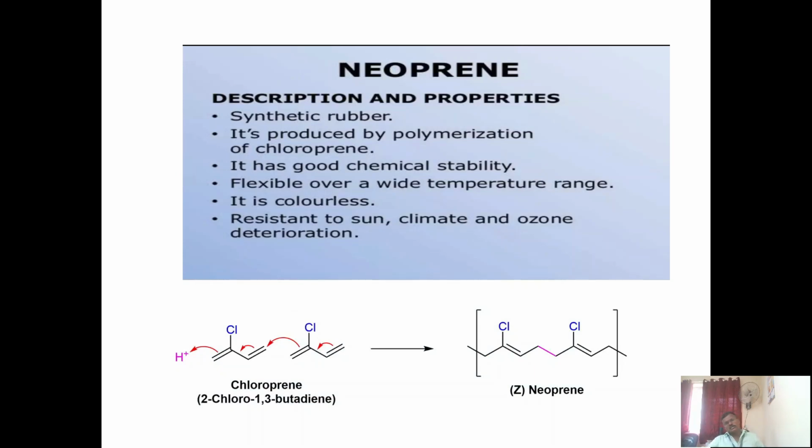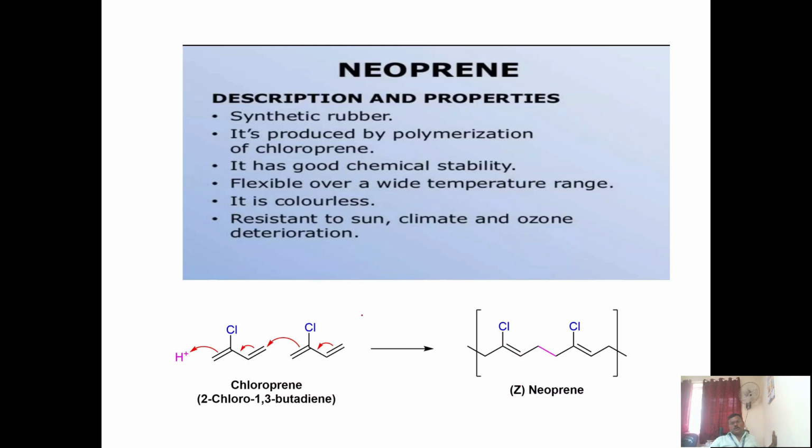Next one is a synthetic rubber, that is neoprene. Only one change is there. Instead of the methyl we have in natural rubber, in synthetic rubber we have Cl here. So the monomer is chloroprene or 2-chloro-1,3-butadiene. When it polymerizes, we get the polymer that is neoprene.